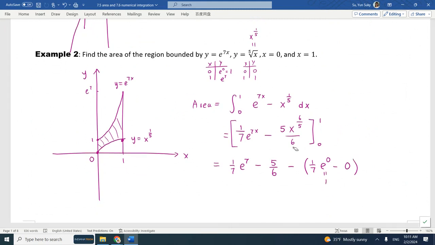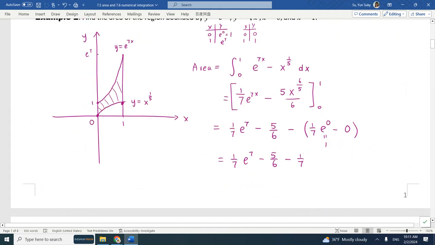Oh, so we get 1 over 7 e to the 7 minus 5 over 6, and then minus 1 over 7. Is that okay, everybody? You can leave your answer like that, or you can put this in your calculator and get maybe 4 decimal places.